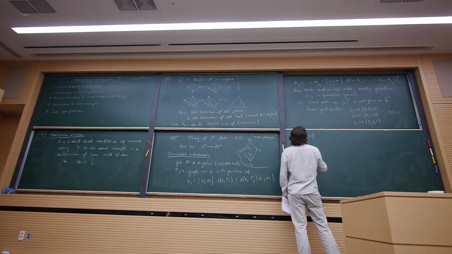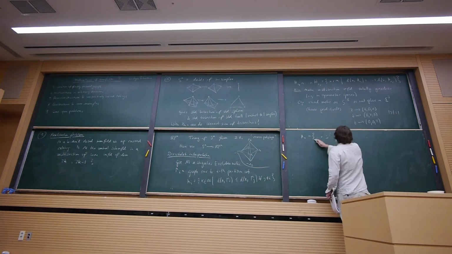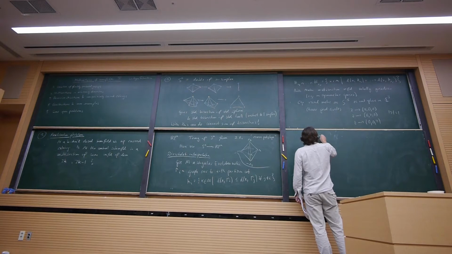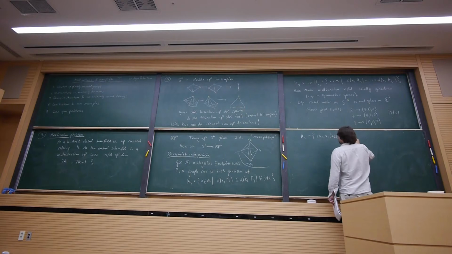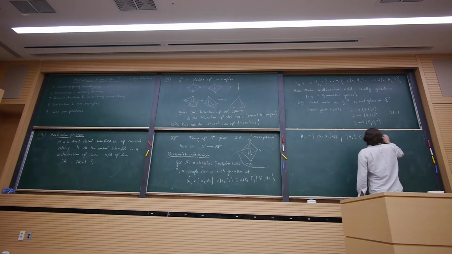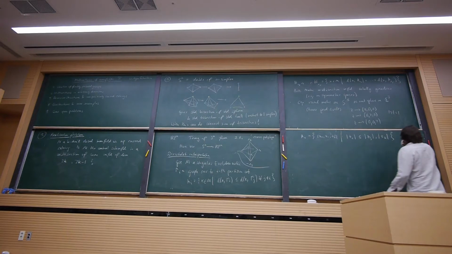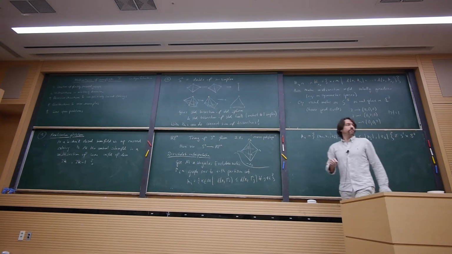Your handlebody H_I is all x in S5, such that, let's even write it in coordinates, (z0, z1, z2), such that the norm of z_i is less than or equal to the norm of z_j and z_k, yeah. And so really, if you look at this, this is just the thickened up circle. So this is really just S1 times B4, yeah.